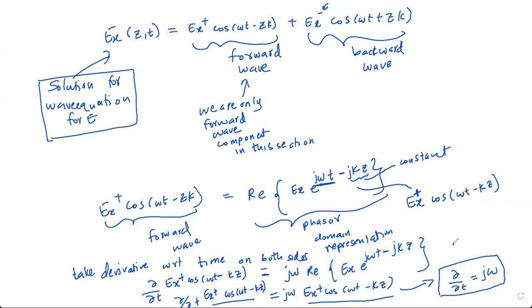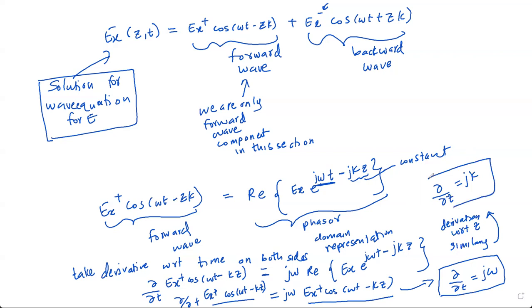Similarly, if I take the derivative with respect to z, the output will be the derivative with respect to z is equal to jk.